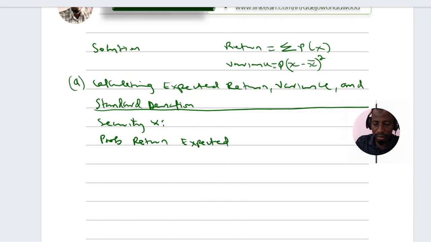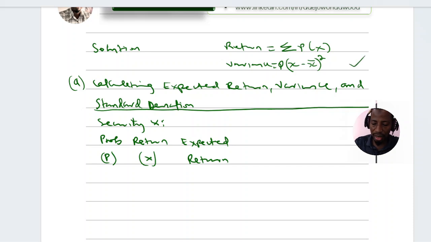Here is P for security X. Here is X. Then we are going to expand this variance.